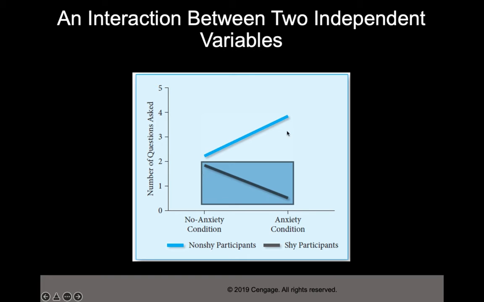If a non-shy person is put in an anxious condition, they will ask more questions. Because they're anxious, they're not shy, so they're like, I really want to know what the answer to this question is. And so that's an example of what an interaction variable is. It's like a third party that comes in and influences the relationship between the independent variable and the dependent variable.